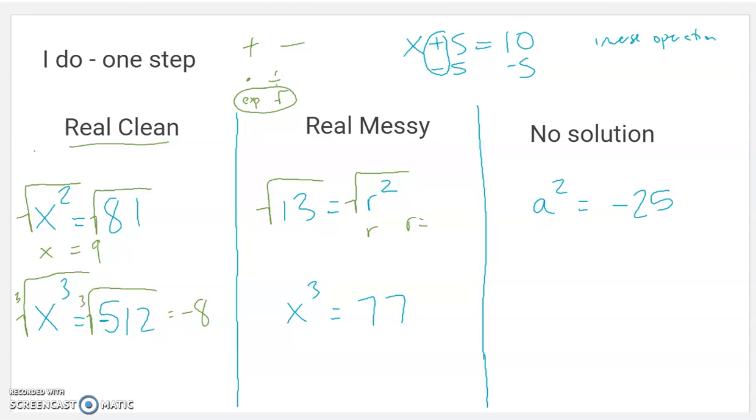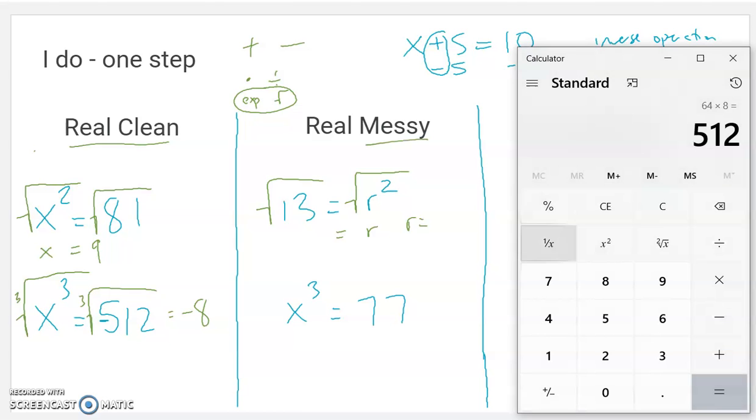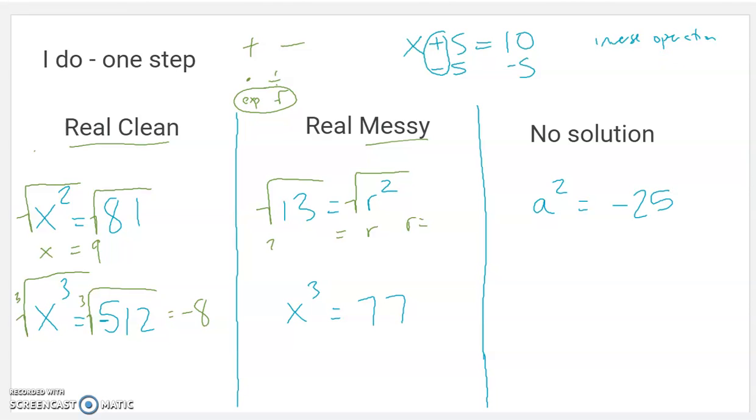So if R squared is 13, then whatever R is, it's going to be the square root of 13. I don't know the square root of 13, and it's going to be messy. So I've just got to look and say square root of 13, and it's that. I'm going to round it to, say, 2 decimal spots and leave it there. So sometimes you have to use a calculator to do it.